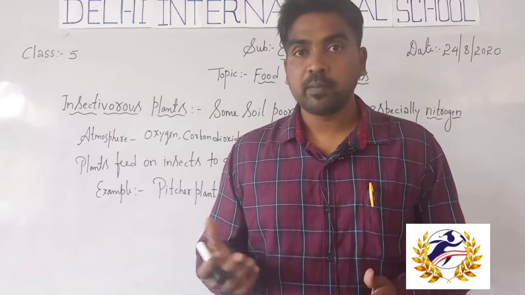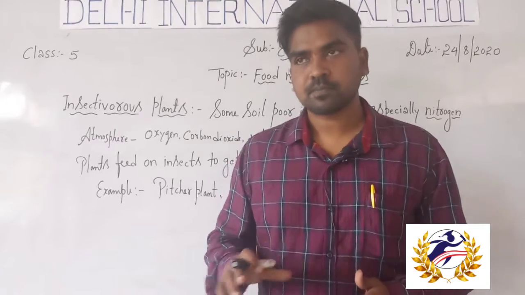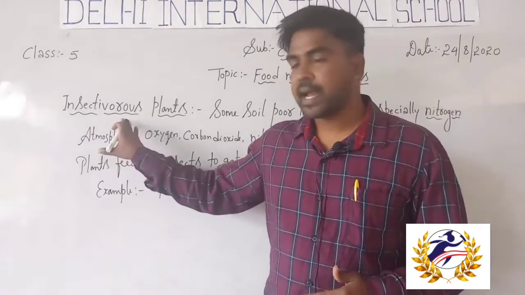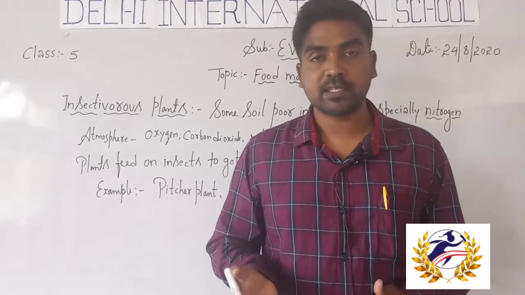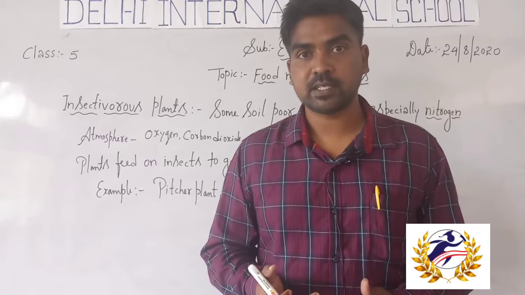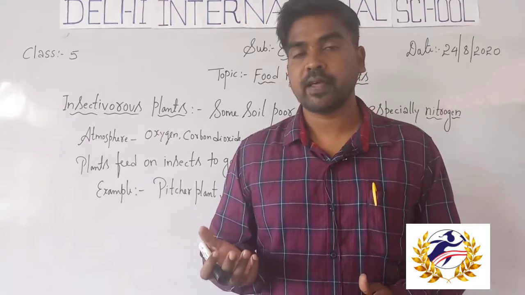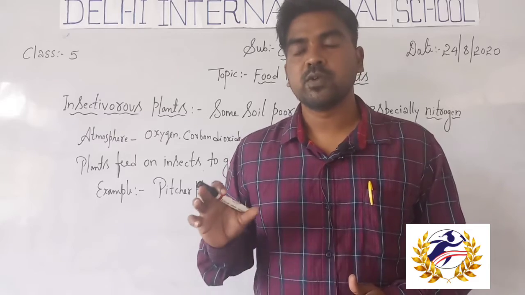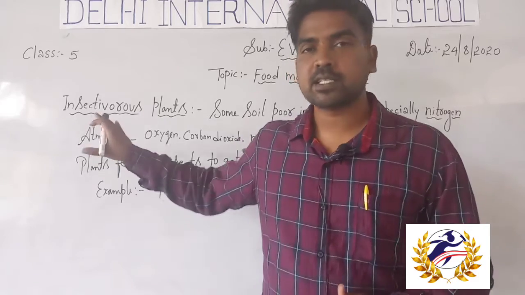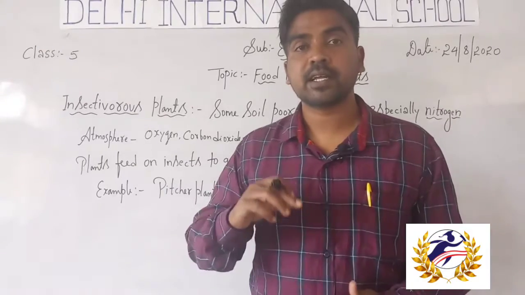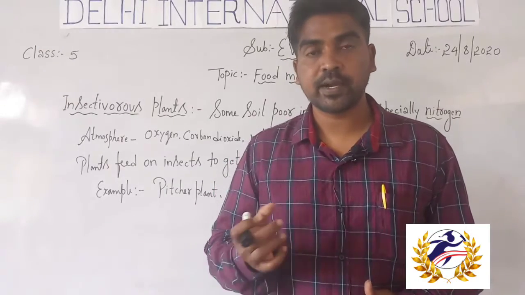It will be poor in minerals. In such a case, plants require minerals to fulfill their energy. So during that time, these insectivorous plants trap the insects to get the minerals.